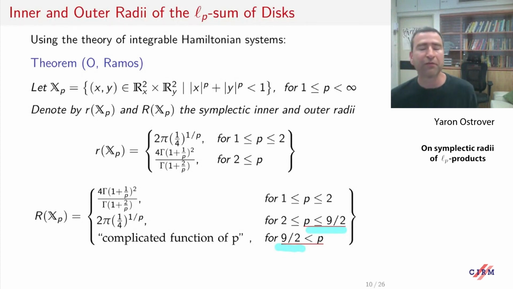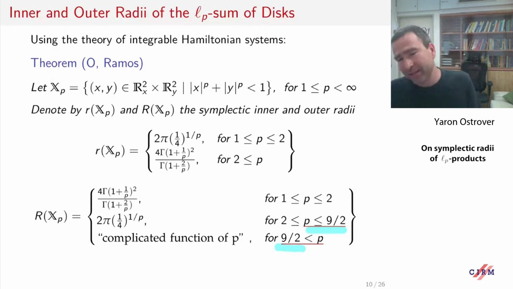May I ask a question? Of course. Is there a meaning to the fact that for the inner radius you have something, 2 pi 1/4 and so on, and then the other formula, and then it's just switched around for the outer radius? Well, as I said before, they switched around, but only for P values between 2 and this strange 9/2.